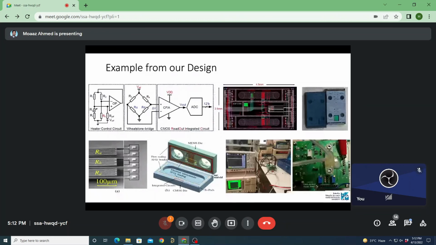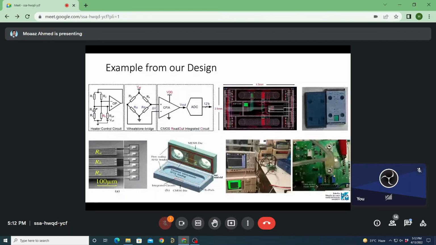The sensor used to measure the flow is very simple. It's actually a Wheatstone bridge. At the upper left corner, you see an op-amp feedback, which we call the heater control circuit.